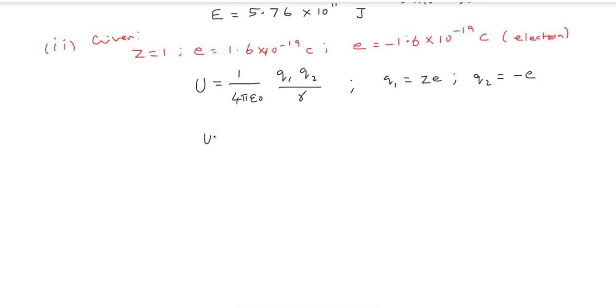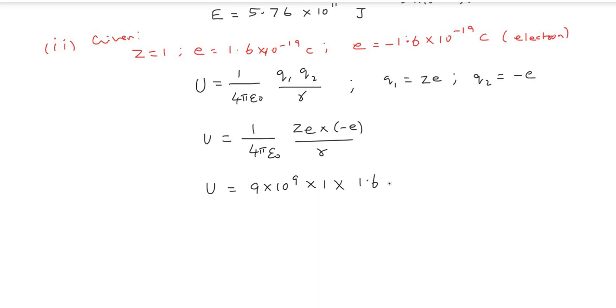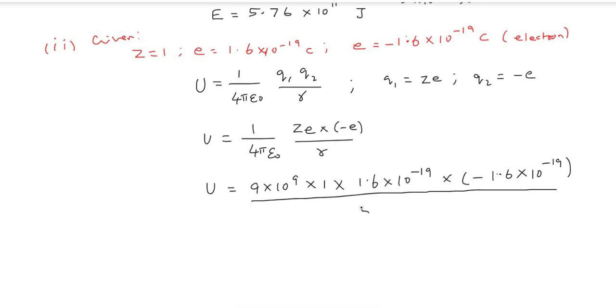Substitute in this equation, so we get 1 by 4 pi epsilon naught Z E into minus E by R. Substitute this value: U equal to 9 into 10 power 9 into Z value is 1 into E value is 1.6 into 10 power minus 19, electron value is minus 1.6 into 10 power minus 19, by R value is 5 into 10 power minus 11.